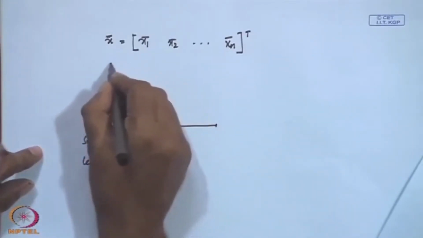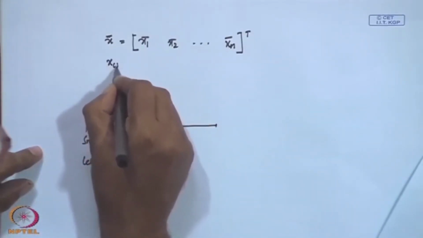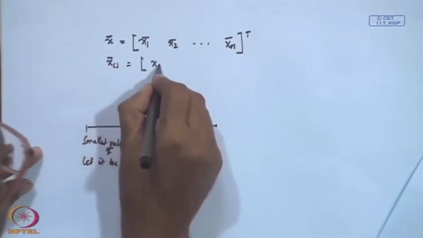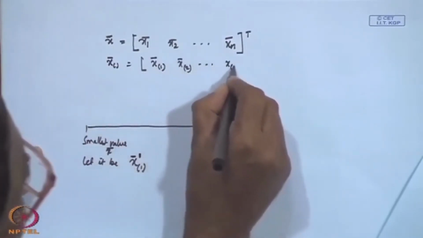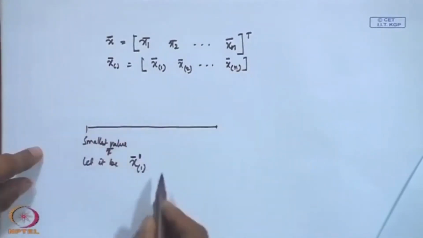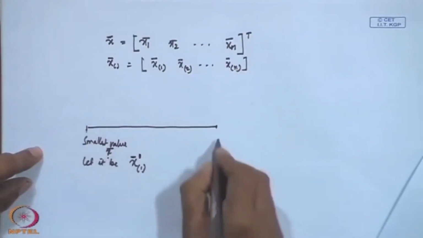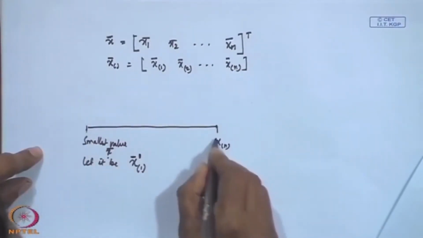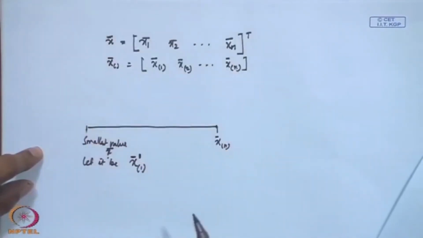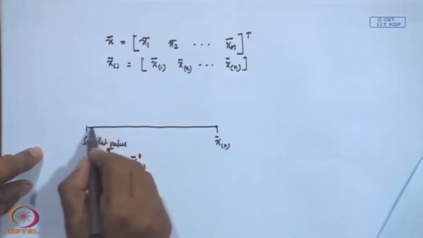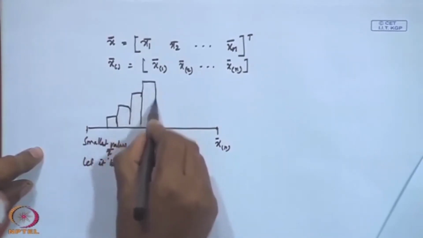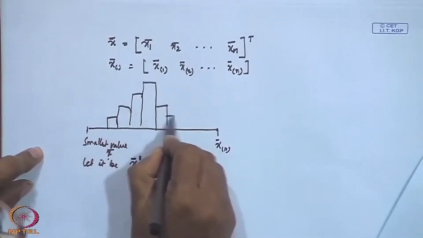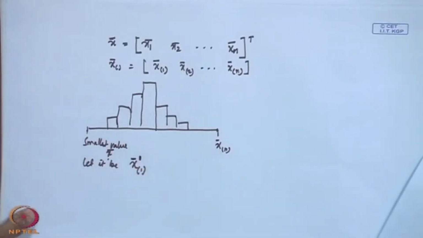Then it will be x(1) bar, x(2) bar, up to x(n) bar, where the smallest is the first one and the largest is x(n) bar. If you plot and develop a histogram, you may find a distribution. It may be like this.